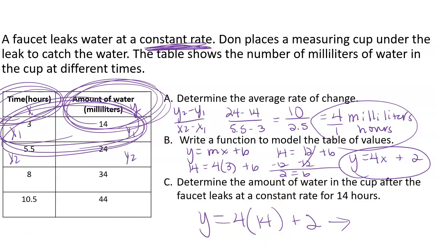So 4 times 14 is going to be 56 plus 2. So after 14 hours, I'm going to have leaked 58 milliliters of water.